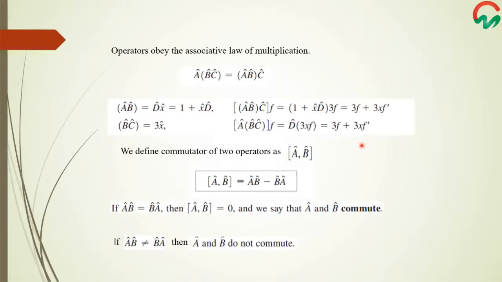In quantum mechanics, the commutator of two operators is given as [A,B] equals AB minus BA. If AB is equal to BA, then the commutator of A and B is equal to 0, and we say that A and B commute. If AB is not equal to BA, then A and B do not commute.